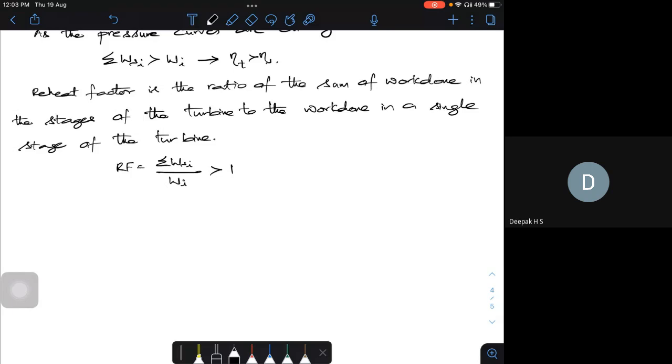Now, see, this reheat factor will drop with the decrease in superheat temperature.